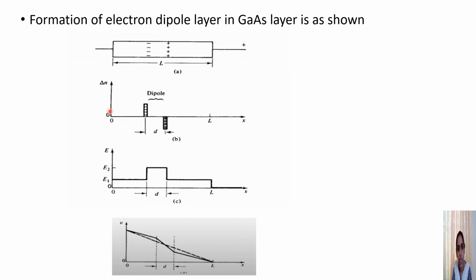We can see a dipole formation, a region of high electron concentration and electron depletion, and this distance is given as small d. Here is the variation of the electric field with respect to the distance of the specimen, that is the whole length L.